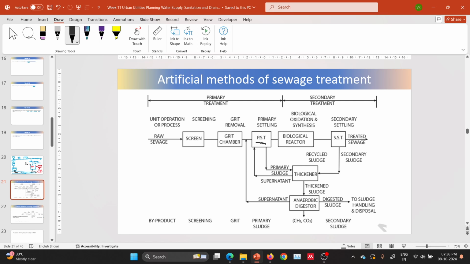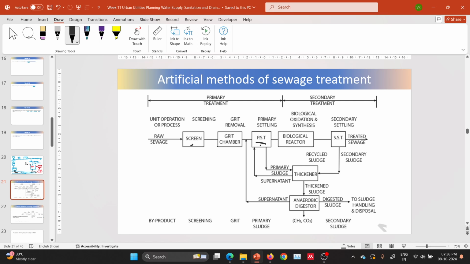Here we require 2 to 4 hours of settling time for settling the organic solids. So by this time we have removed most of the suspended solids, whether organic or inorganic. So in primary treatment we have removed suspended solids.